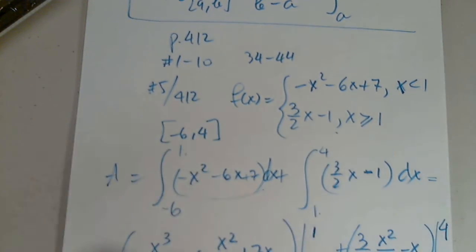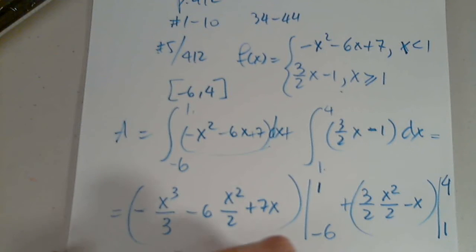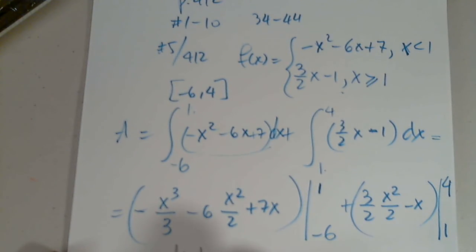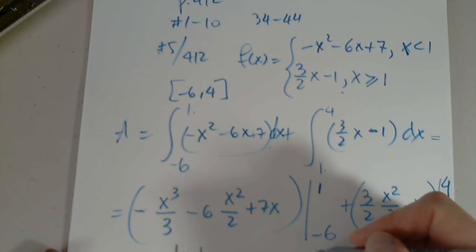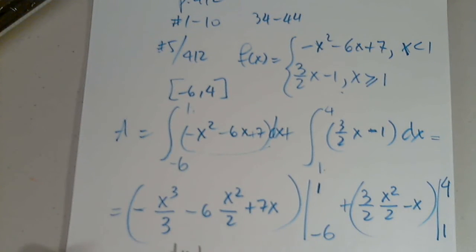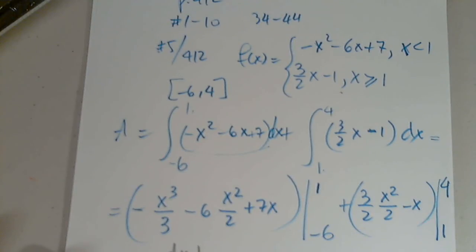This only says that I'm evaluating now. So remember we had dy over dx, and when we evaluated for x equals 1, we just determine whatever. This is all it says. It says plug in 1 and then subtract when you plug in negative 6. That's the fundamental theorem of calculus.